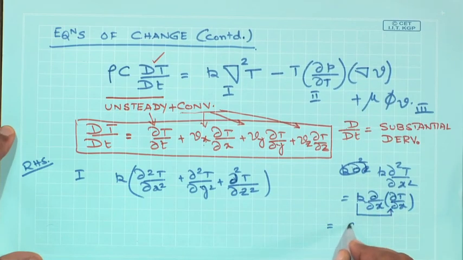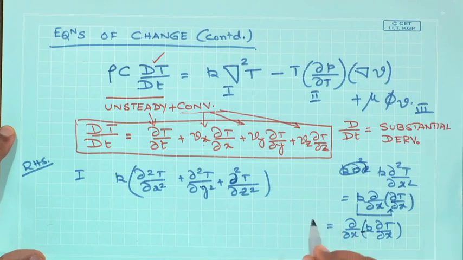So this becomes del by del x of k del T by del x, and if I put a minus sign over here and a minus sign to balance the minus that I have introduced here, it is going to be minus del q x by del x, since by Fourier's law, minus k del T by del x is equal to q x.